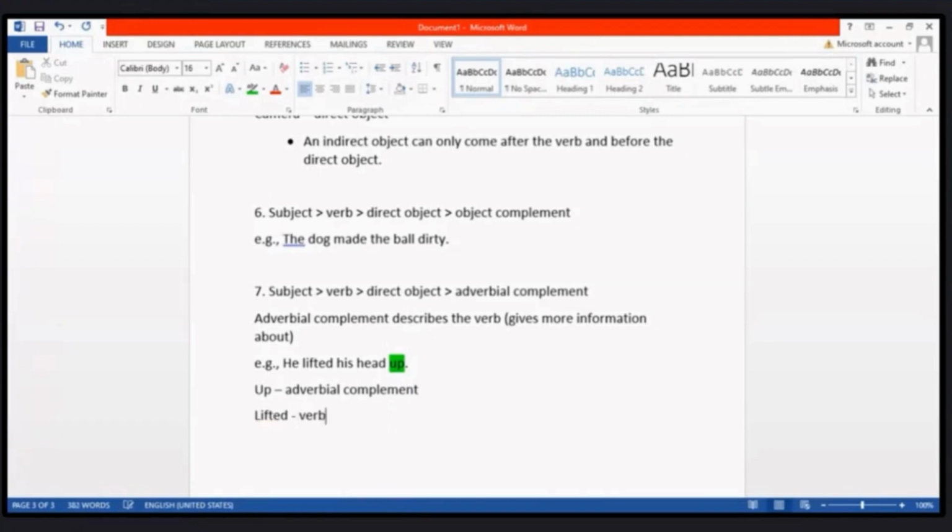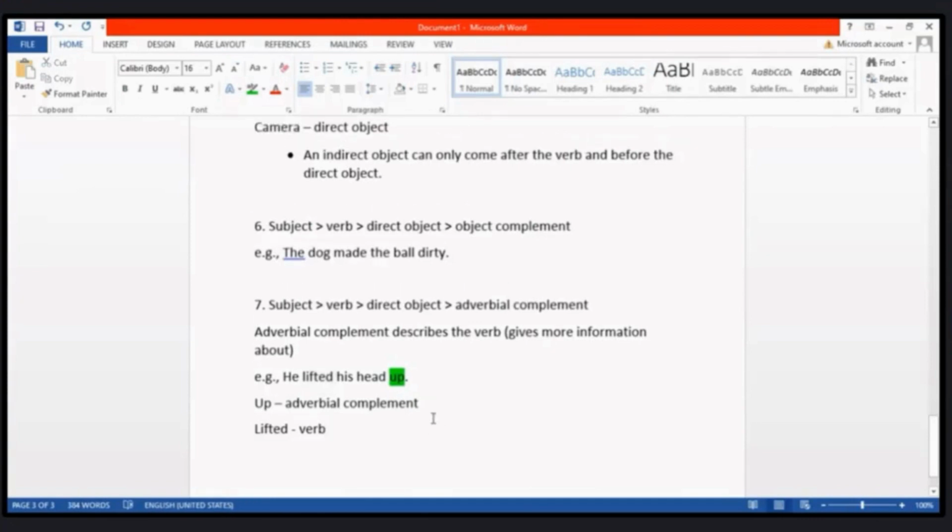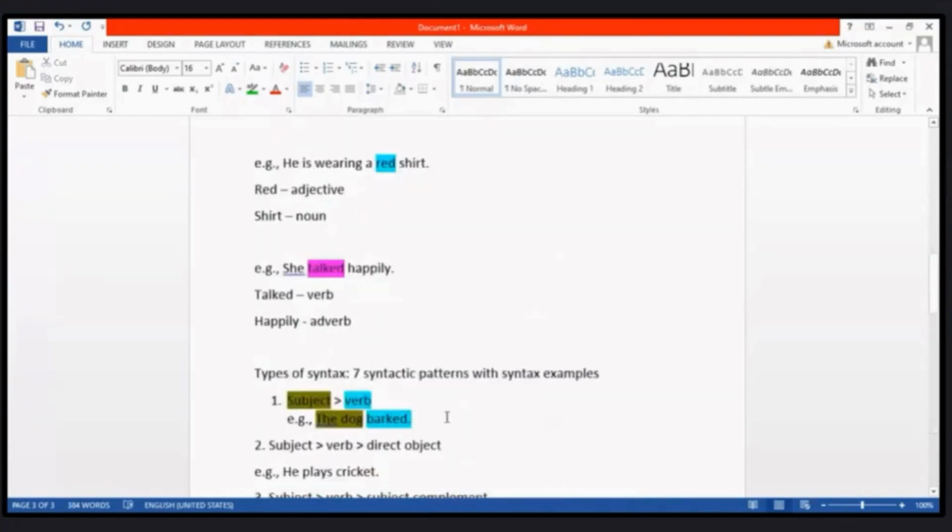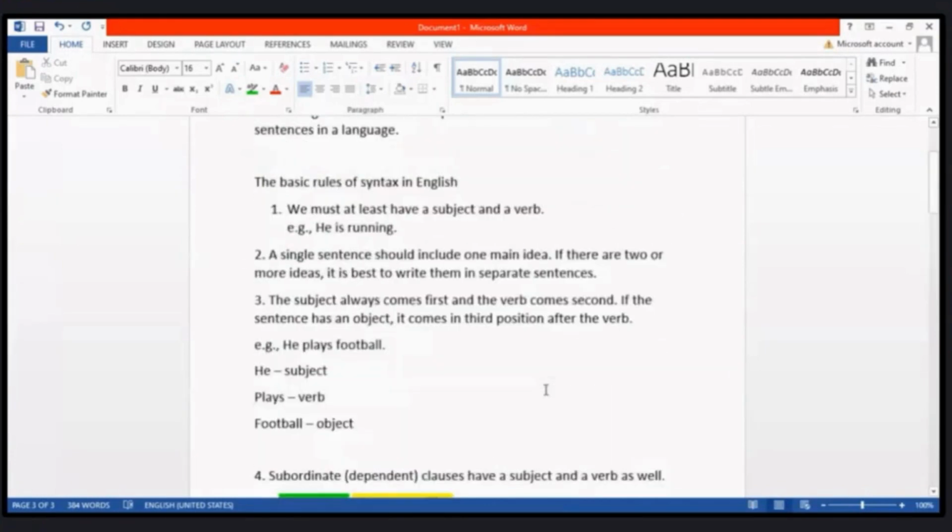It describes how he lifted, up. So he lifted his head up. As you can see here, this adverbial complement is giving more information about the lifting. So this completes the 7 types of syntactic patterns.